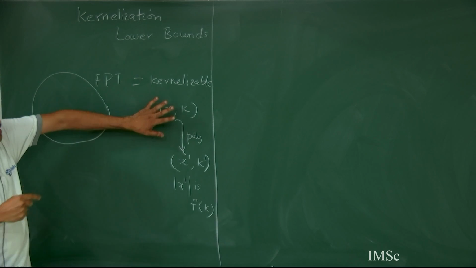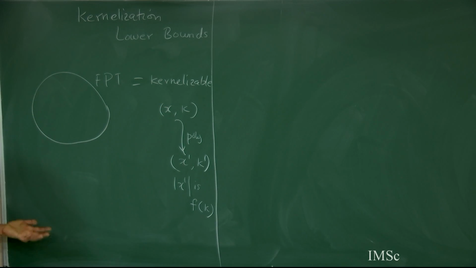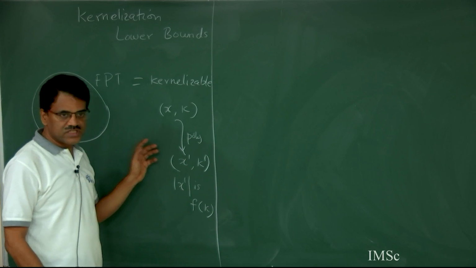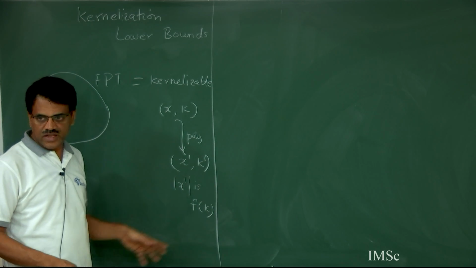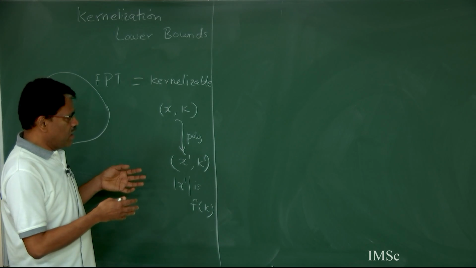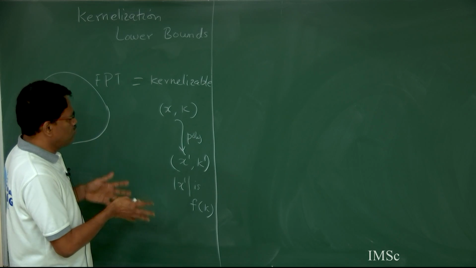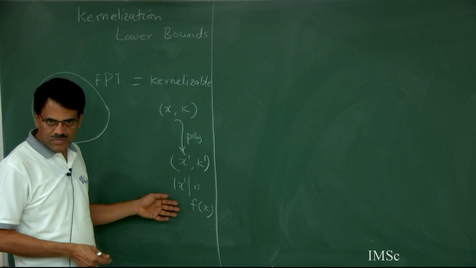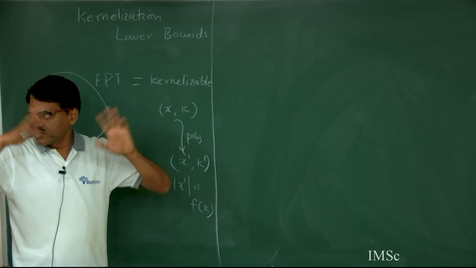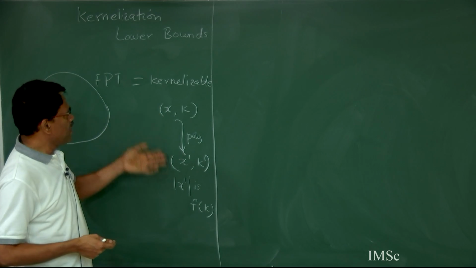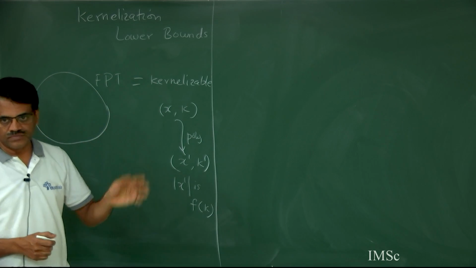So, very early on in the course, we saw that while kernelization is a way to design an FPT algorithm, because once you can kernelize, in this reduced instance you can apply any brute force algorithm and you will get an FPT algorithm, it turns out that any FPT algorithm also is kernelizable. If you can kernelize, you can design an FPT algorithm, but if you have any FPT algorithm through any other method also, there is a simple bookkeeping rule which says that these two notions are actually the same, right.